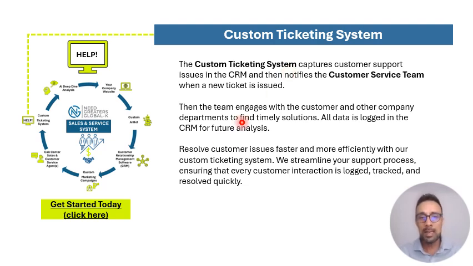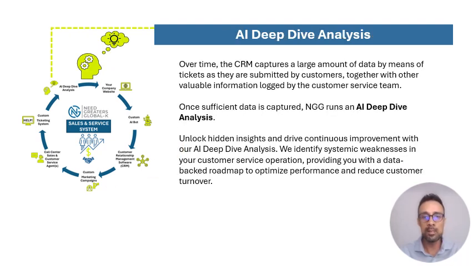So with regard to that custom ticketing system, something that's very important is the very last step, the AI deep dive analysis. Now it's interesting because over a period of, let's say, a year, literally dozens or even 100 or 200 or maybe more, depending on how many customers you have, tickets can come in. Those tickets, the information contained in the tickets is extremely valuable. That's why we want to capture it so that we can analyze it with AI.